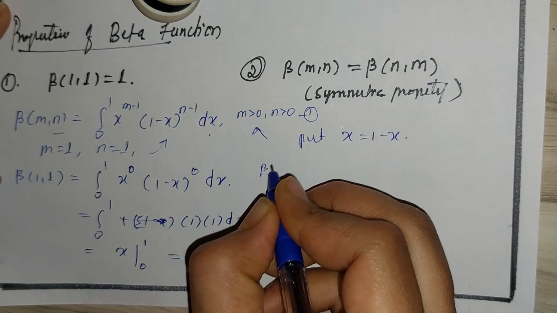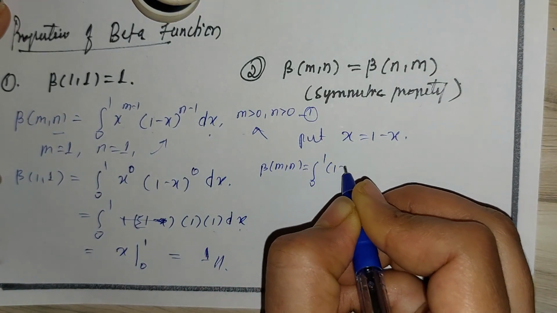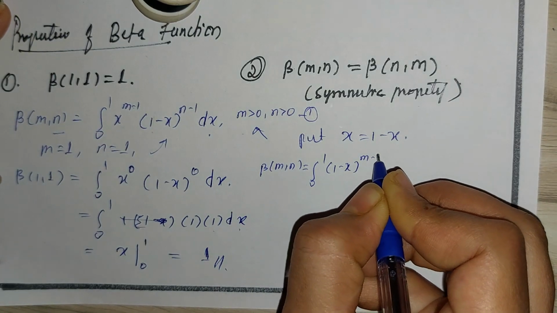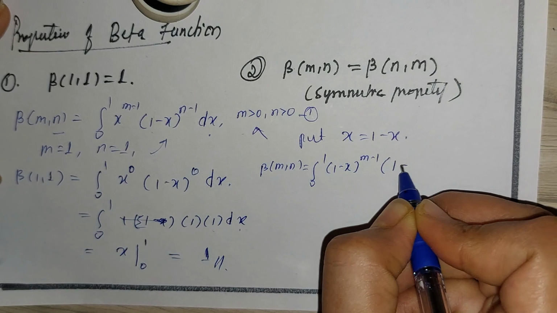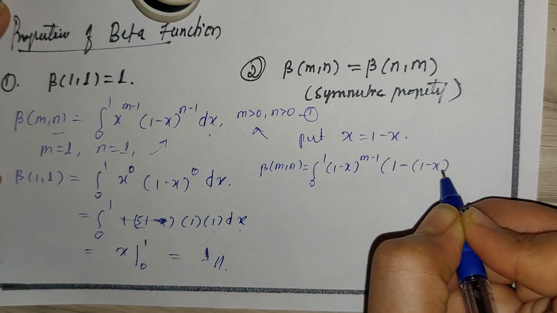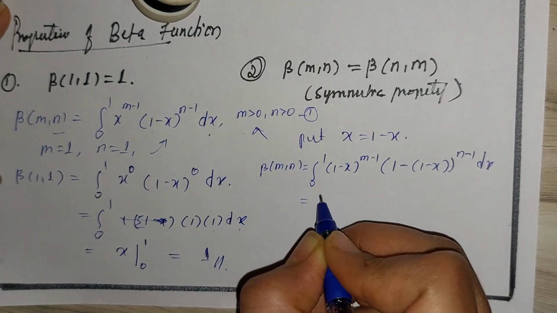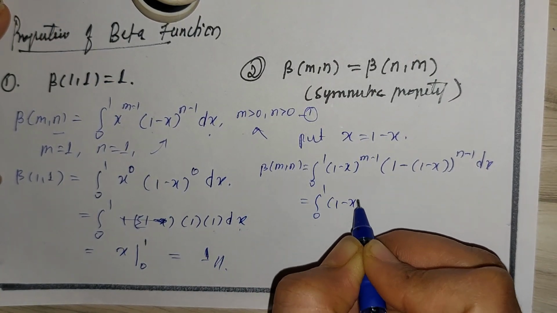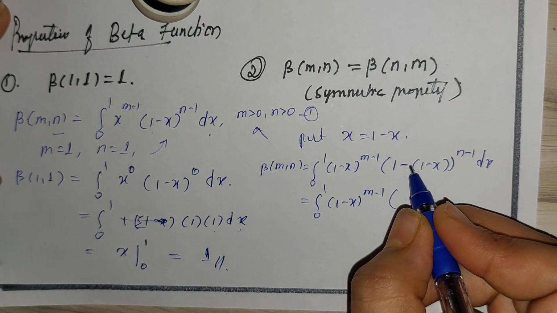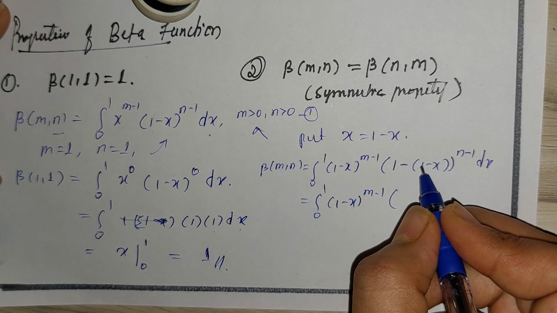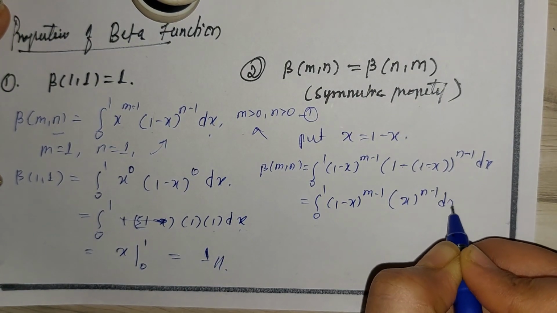So you'll get beta of m comma n is equal to the integration of 0 to 1 of (1 minus x) whole raised to m minus 1, because putting x as 1 minus x, we get 1 minus (1 minus x) whole raised to n minus 1, dx. Now simplifying this to m minus 1, the minus 1 plus 1 and minus 1 get cancelled, and we get x raised to n minus 1 dx.